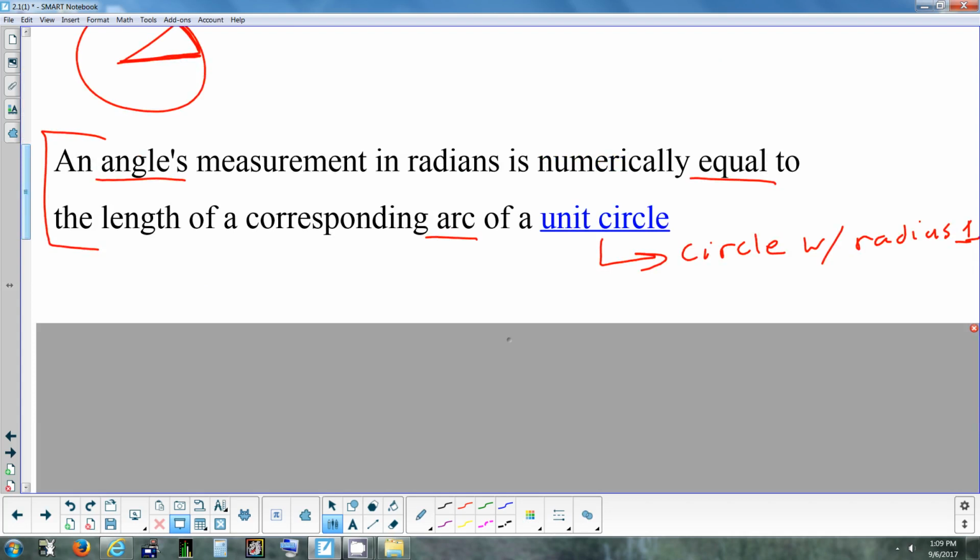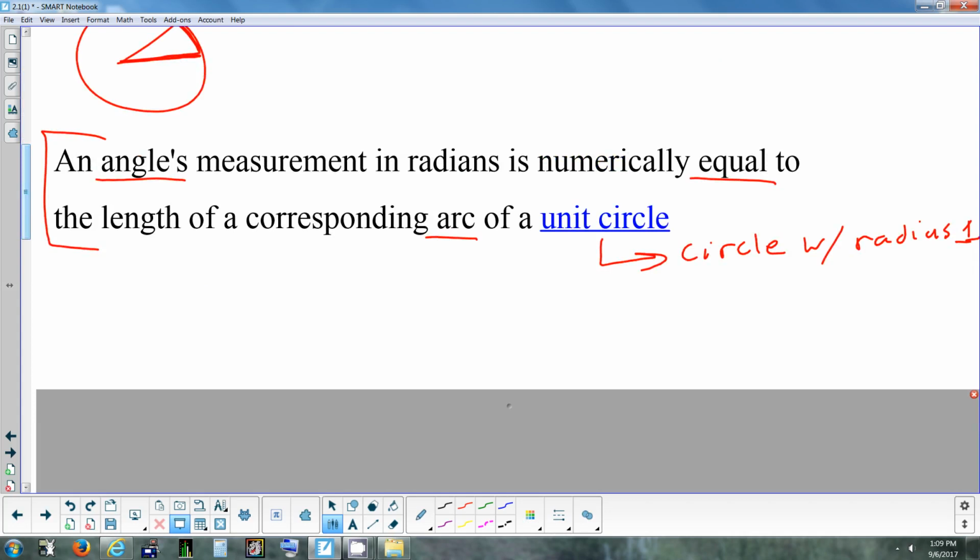So if you had, say, this circle, here's an angle. Let's say that this was 1 foot, okay, just to make it a unit circle. And I said to you, all right, I want half of you to measure this. Okay, so I give you time and half the class measures that.